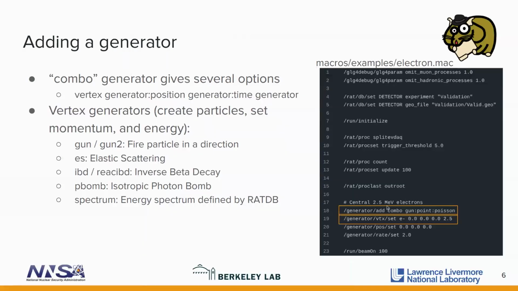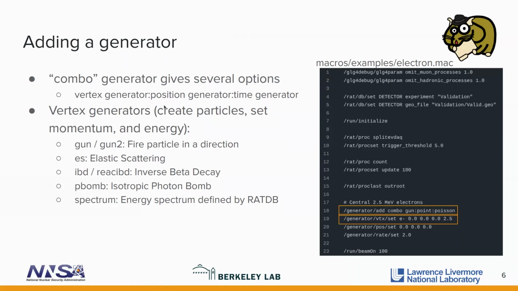And so one of the more common generators you use is the combo generator, which gives you several options to produce your vertex generator, position generator, and time generator, which you specify when you add the generator to your macro.